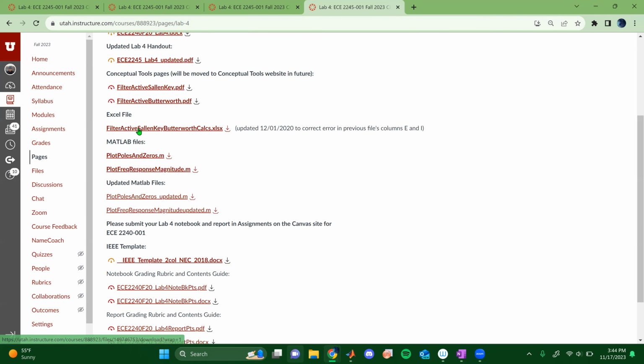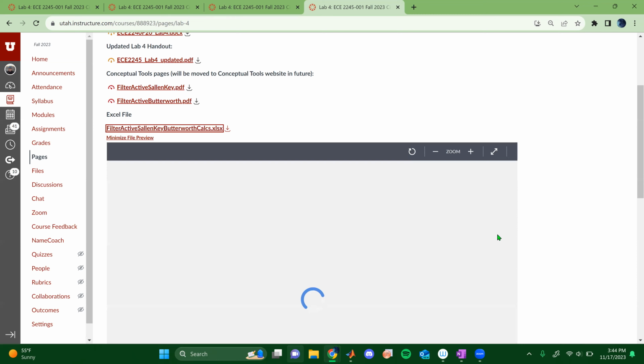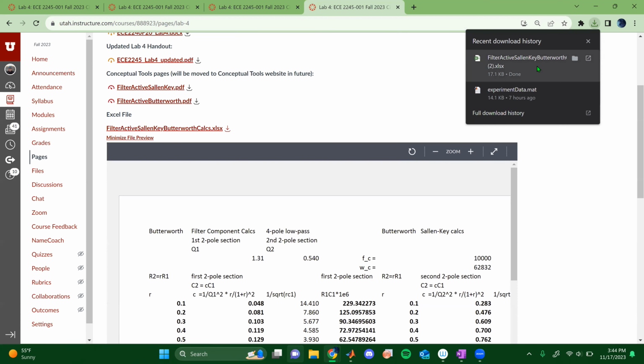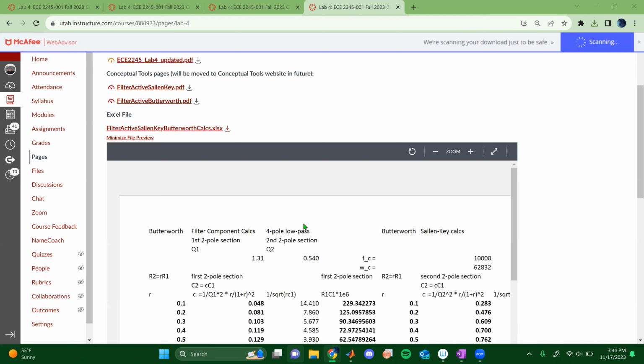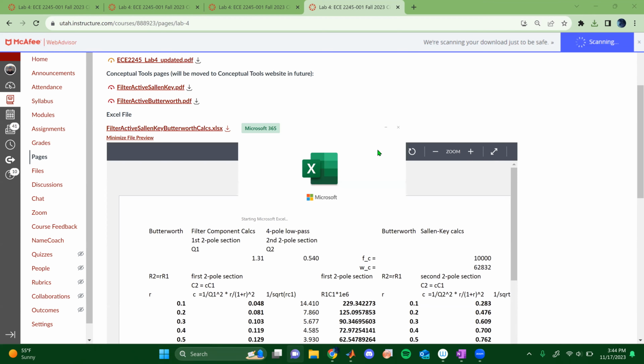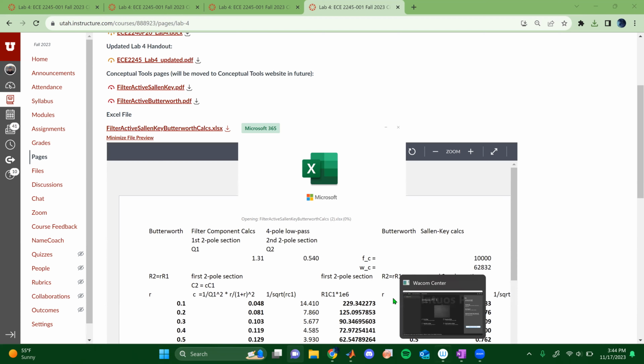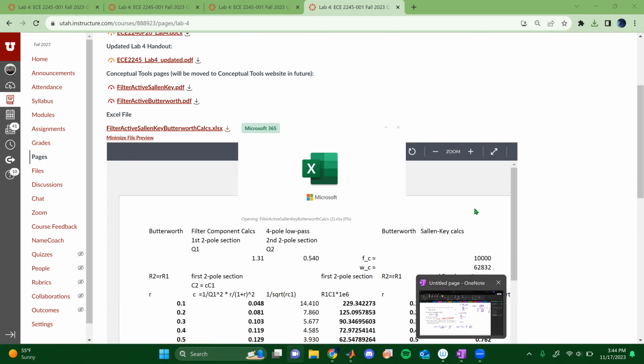They give us this Excel spreadsheet where they actually coded in all of these equations. So I'll show you what that looks like, and some of you may not be familiar with Excel, so I'll show you how to use this in a little more detail than it's provided.